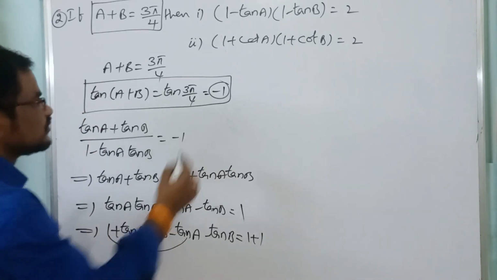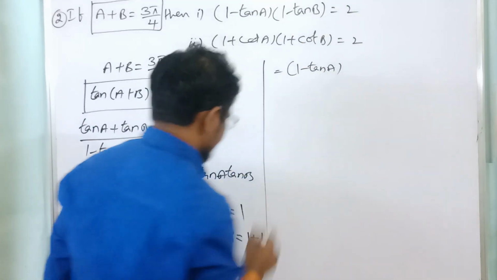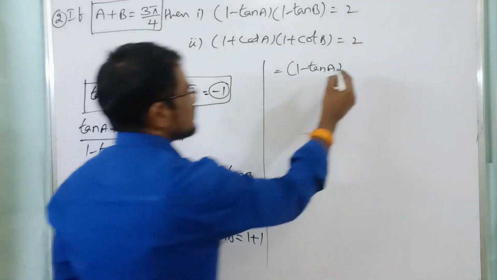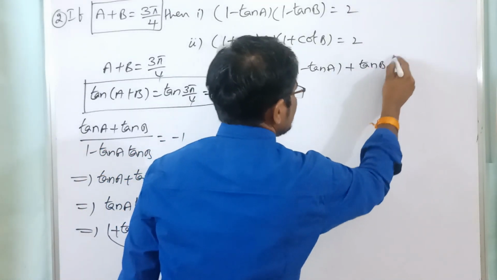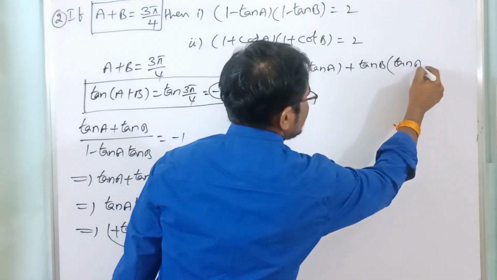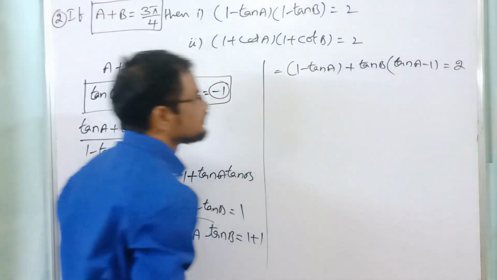So from these two we can write 1 minus tan A. Again from these two, tan B is common; if you take it common, what remains is tan A, and here minus 1, equal to 2 on the right side.